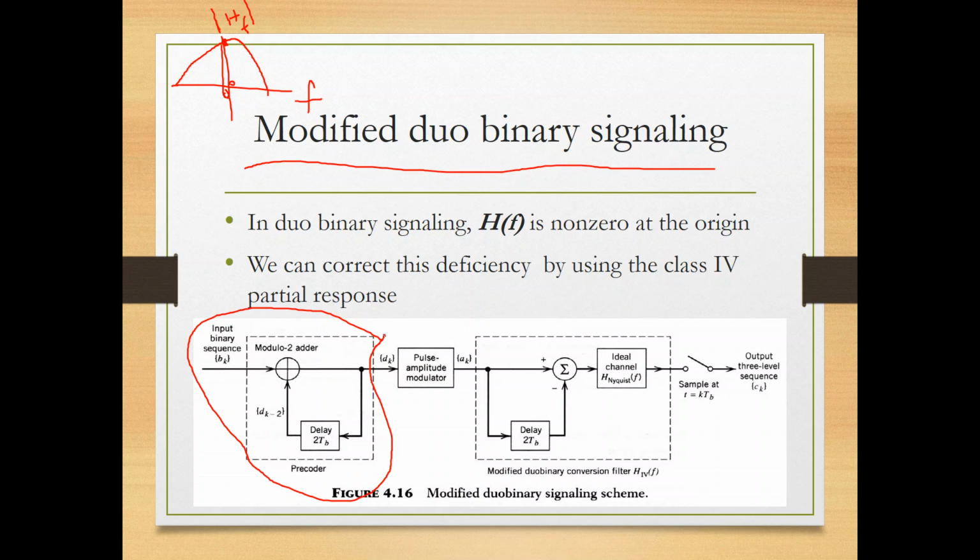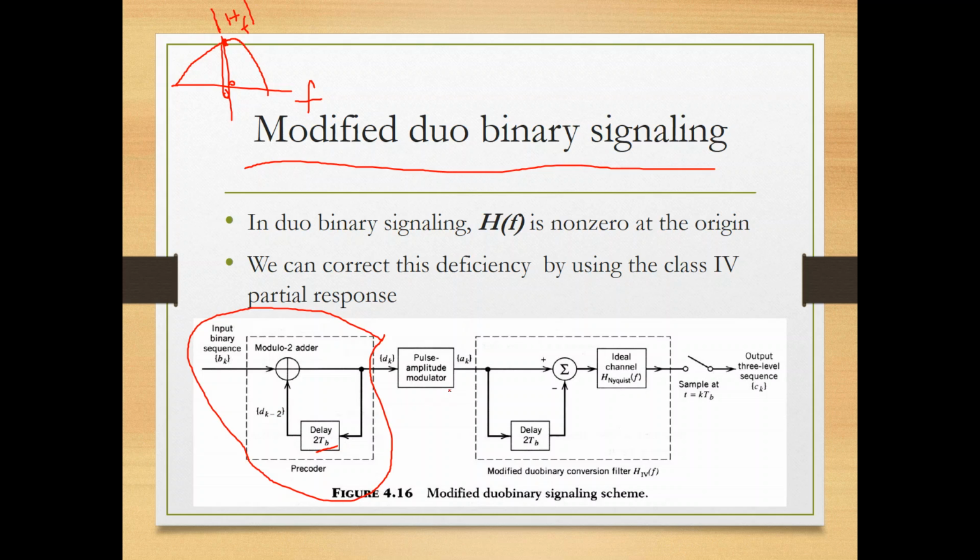It's basically an XOR operation, but the delay here is 2T_b, not T_b. So you have b_k, you get d_k. Still, we are in the bit level domain. This b_k is a bit and d_k and b_k are bits. The only difference is the XOR operation. We have d_{k-2}.